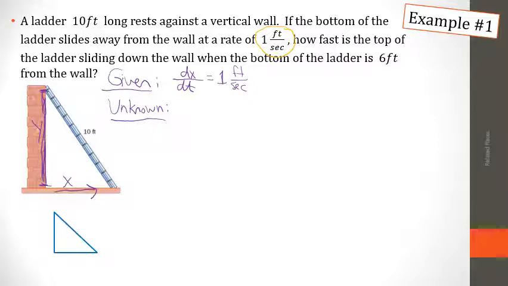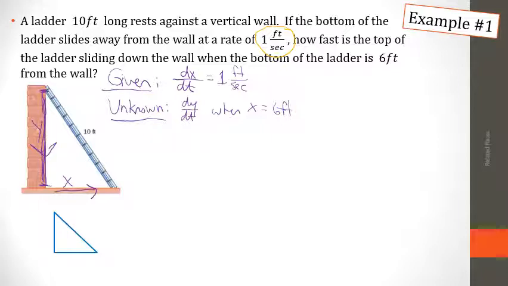What are we trying to find? How fast is the top of the ladder sliding down the wall when the bottom of the ladder is 6 feet from the wall? So we're trying to find this rate right here. So we're trying to find dy/dt when x is 6 feet away from the wall. Okay, so we have our given and our unknown.